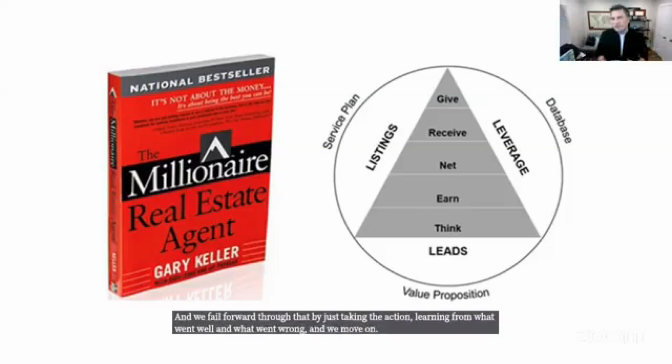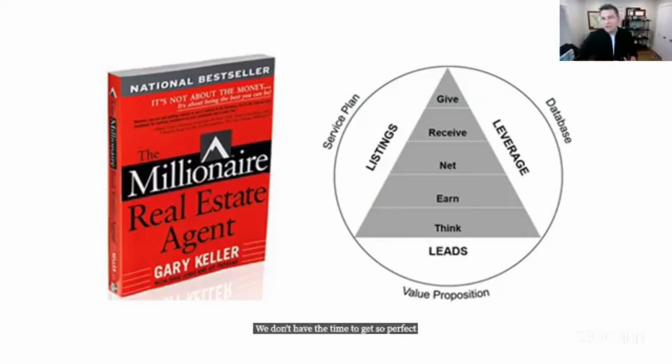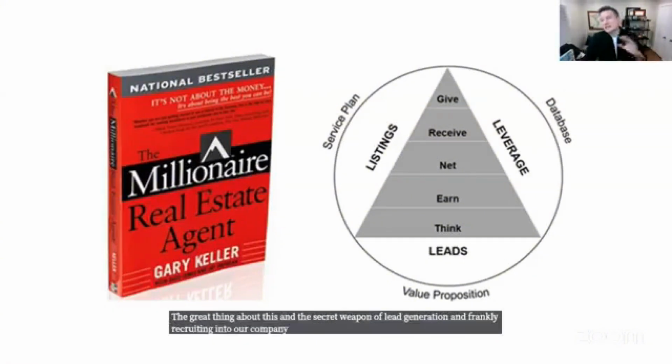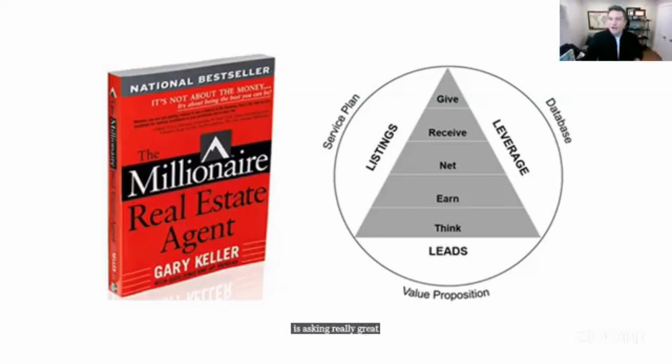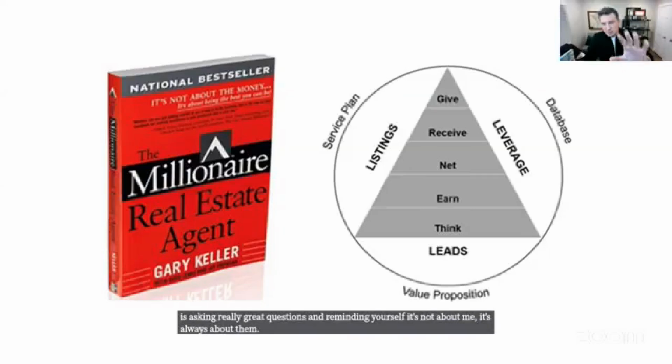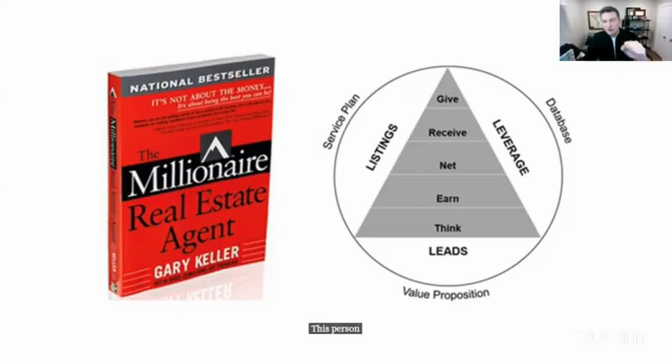We don't have the time to get so perfect. We've got to go actually take action and start lead generating. The great thing about this, and the secret weapon of lead generation and frankly recruiting into our company, is asking really great questions and reminding yourself it's not about me, it's always about them. This person needs to buy, sell, or invest in real estate, or they might know someone that does.